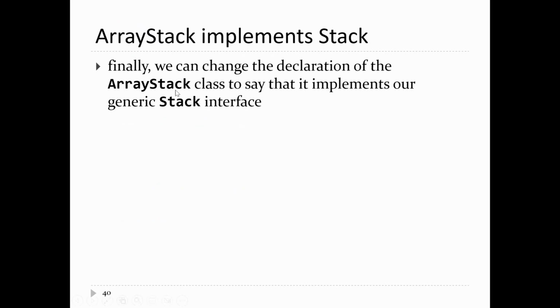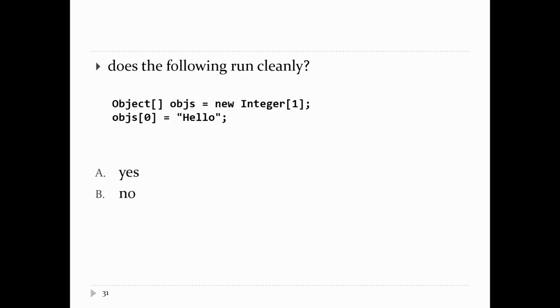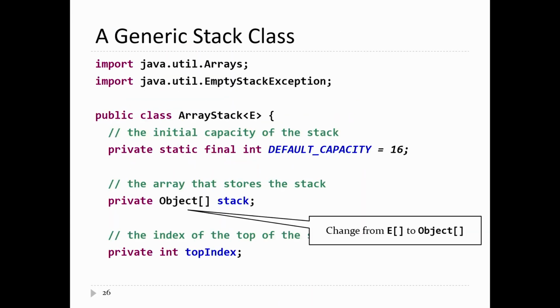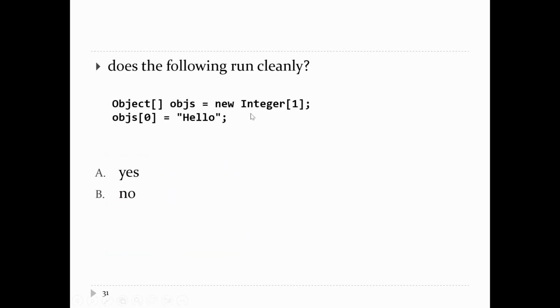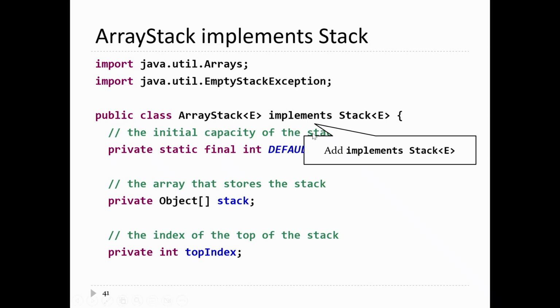Finally, we have this existing array stack class, which used to be an array of int. What do we do? Here we go. Oh, wait, we already did it. So you have to make sure that your array stack class is in fact generic. And now we want to say that it actually implements the stack interface.